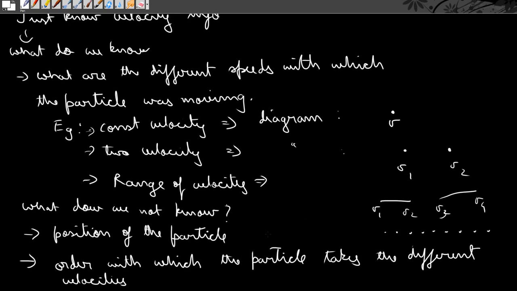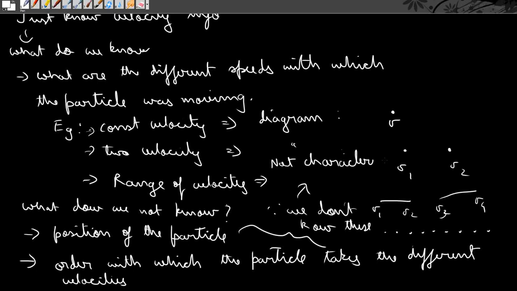Okay, so in the same case as before, since we do not know these, this implies we cannot characterize the motion of the particle by just knowing the velocity of the particle alone, or by just knowing the position of the particle alone.